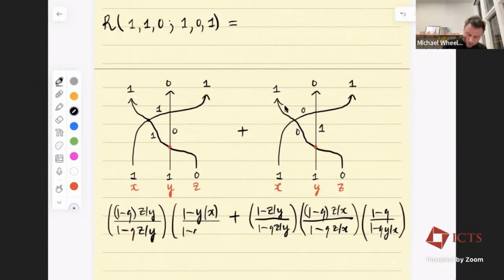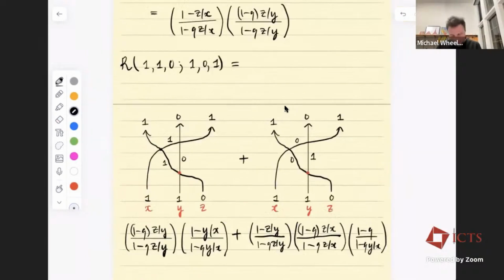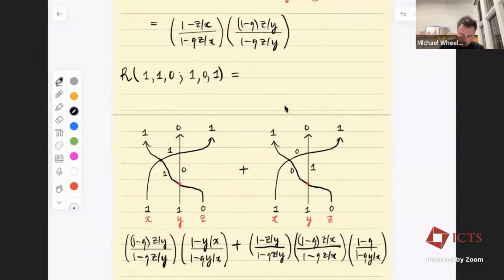I divide by 1 minus q y over x. Okay, so I will not do the explicit calculation, but you see it's a non-trivial identity. This is saying that the sum of these two rational functions will be equal to this rational function up here. And if you go ahead and check it, you'll find that this is a true identity.